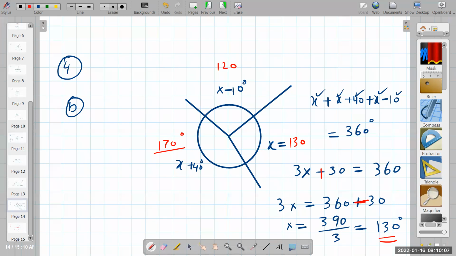So this will be equal to 330 divided by 3, 110.